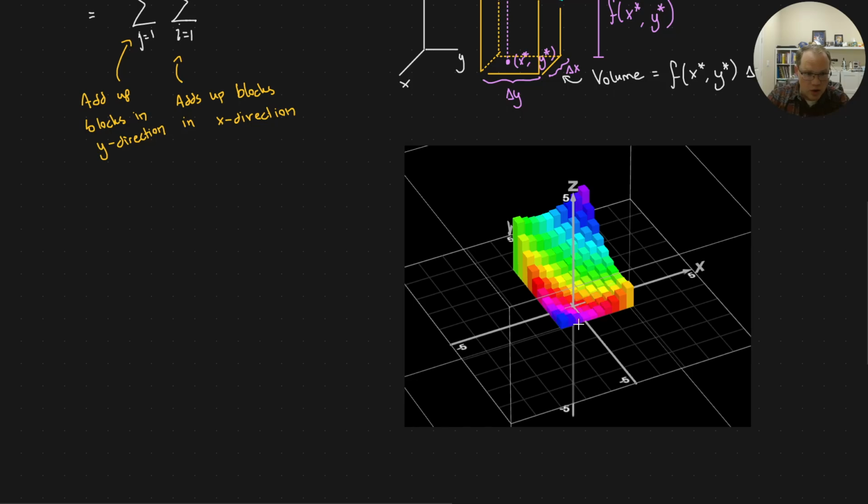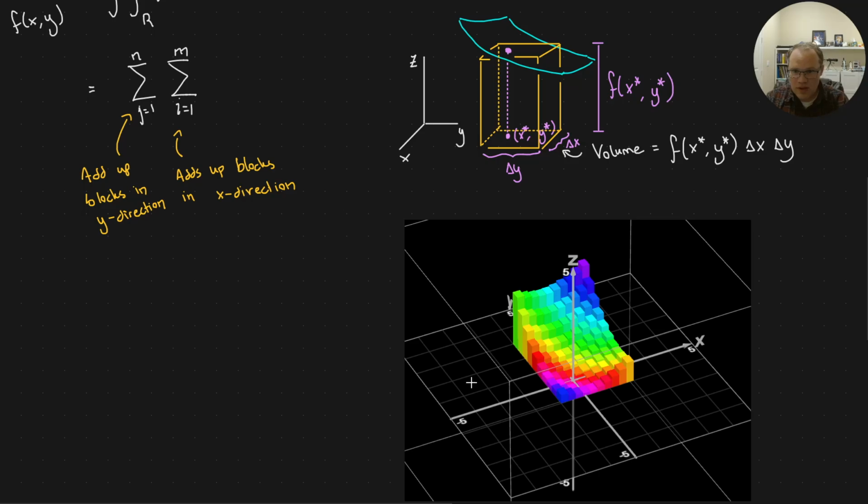So for each row, this inner summation will add up the values in the x direction. And then once I've turned each row into a single value, we're going to add up in the y direction.